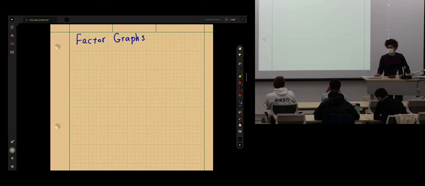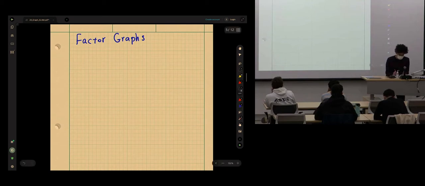Factor graphs are a very general way to model probabilistic problems. In fact, you do not need to think of them as probabilities anymore, but it is related if you want to talk about probabilities.